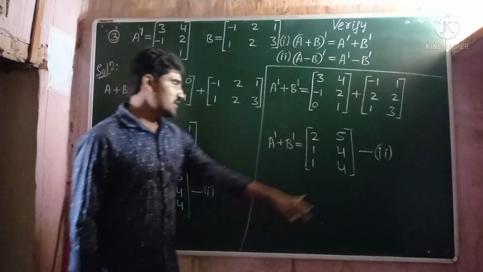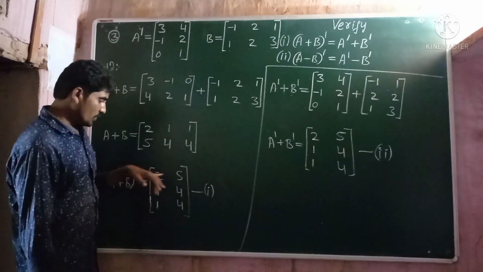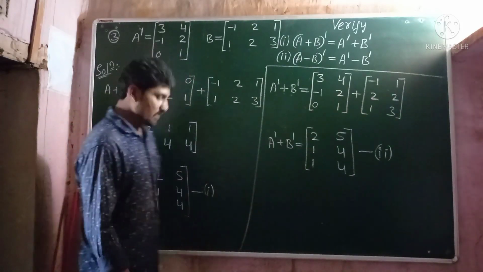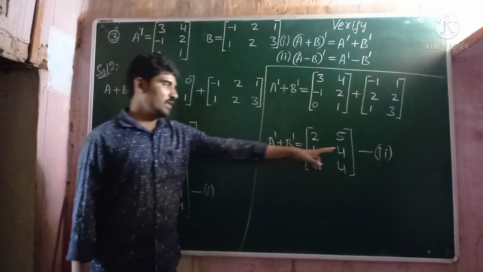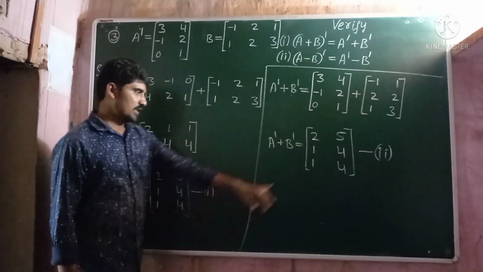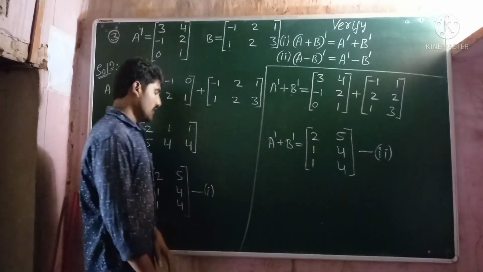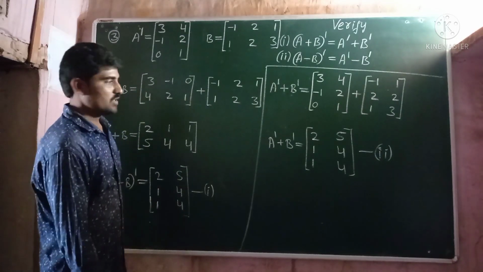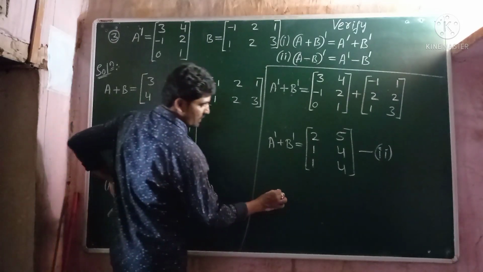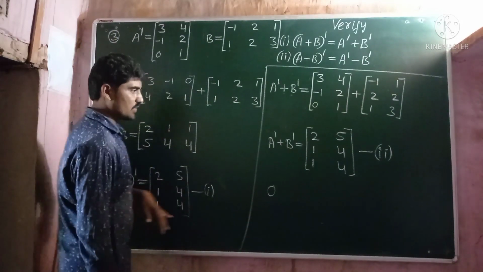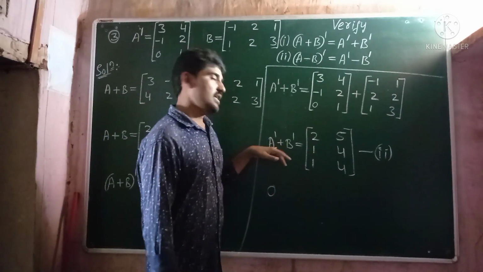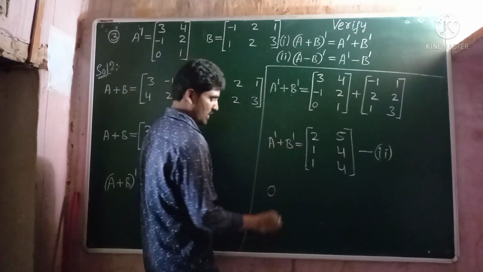On comparing equation 1 and 2, 2, 5, 1, 4, 1, 4, here also 1, 4. Therefore, equation 1 is equals to equation 2, and hence transpose of the matrix A plus B is equals to transpose of the matrix A plus transpose of the matrix B.